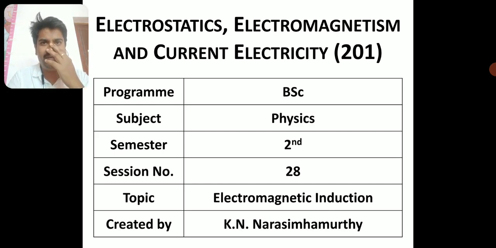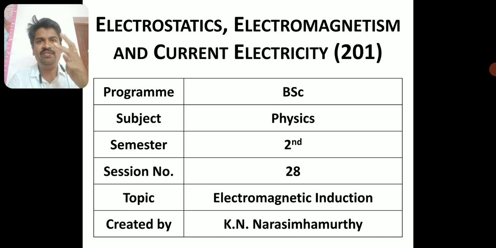It states that the current is induced in a coil in such a way that it opposes the cause for its production. The induced current opposes the change in the magnetic flux. Therefore, I have to mention the EMF equation E equals minus d phi by dt. The minus sign clearly indicates that it opposes the change in the magnetic flux.